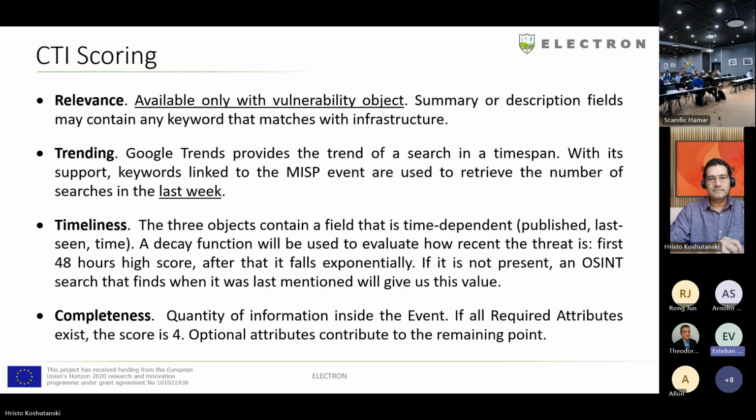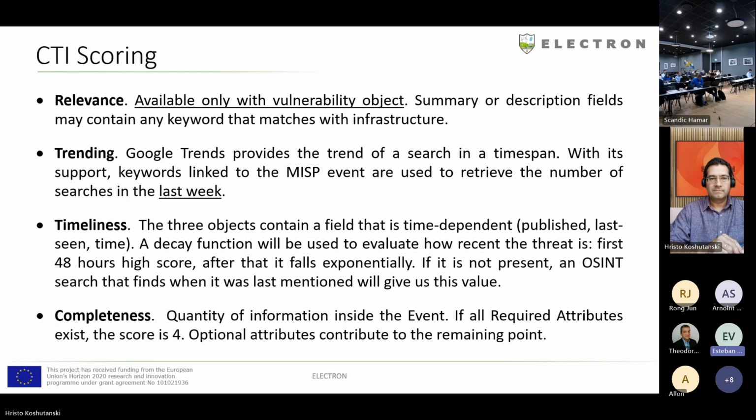All right. So as I was saying, the CTI scoring or the scoring of the events is being carried out by extracting 4 different attributes. In this case, we extract the relevance, the trending, the timeliness, and the completeness. Each of these features gives a particular weight into the final value of that score.